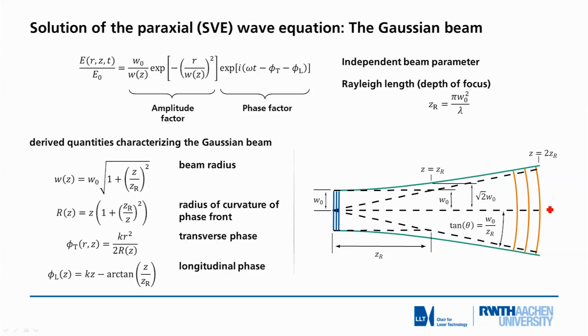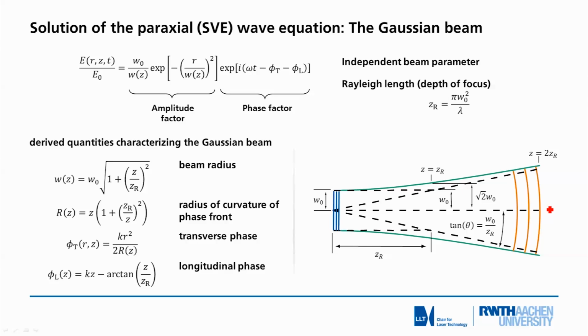To get back to some more detailed characteristics of that solution, the slowly varying envelope, here you can see the solution equation of the electrical field separated in a real and an imaginary part, in an amplitude factor and a phase factor. As a consequence, we now can easily identify the relevant terms in this equation.